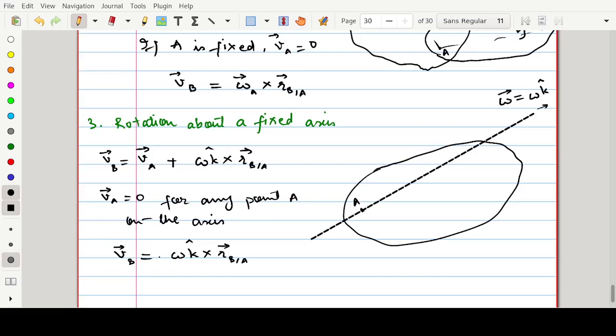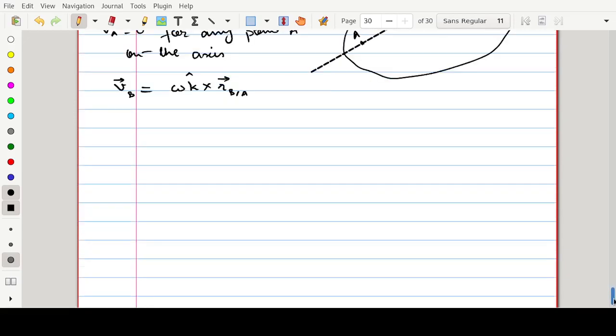If I want to find acceleration of any point on the body, then I can differentiate this.